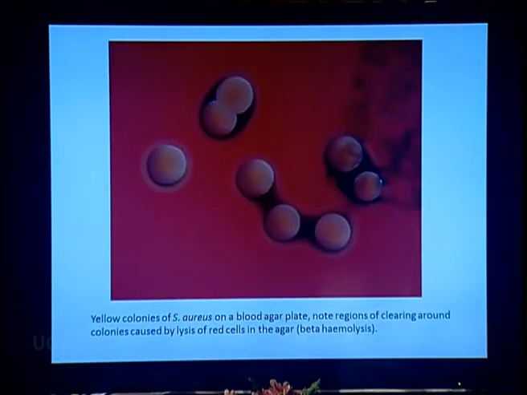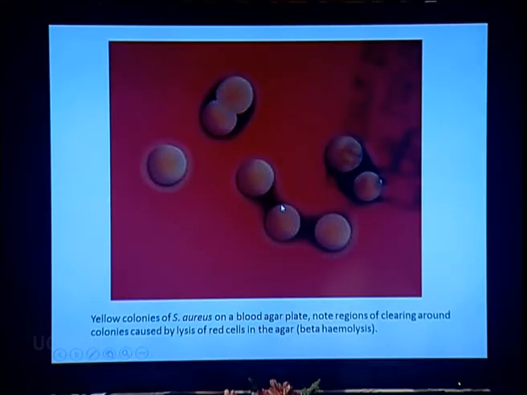When they are grown in normal nutrient medium, they are represented by orange colonies. And when they are grown in blood agar plate, it was observed that they can actually degrade hemoglobin. So they have this property of hemolysis, and this is where they produce this colony, and they have discolored the hemoglobin.